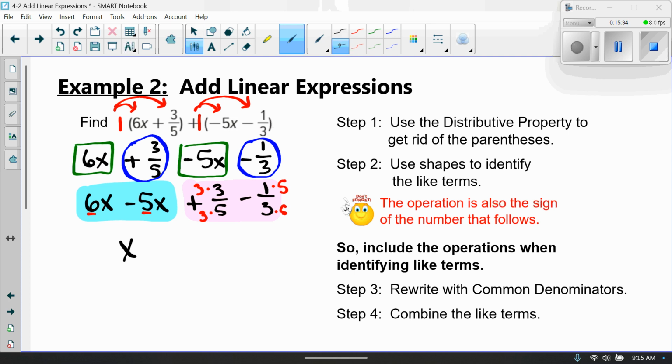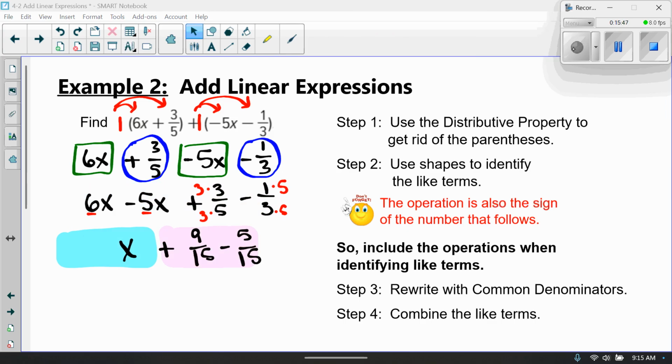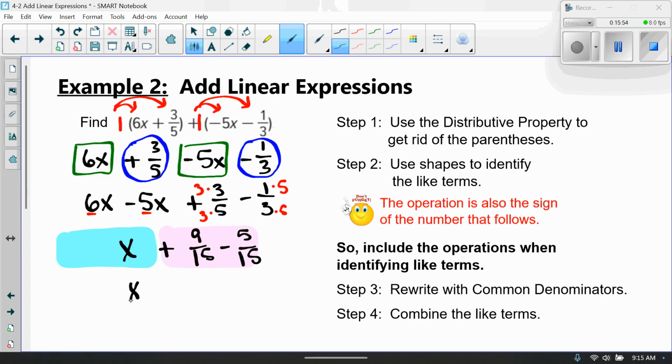So that's going to be x plus 9/15 minus 5/15. So now this is what we're dealing with. The x is already simplified, so we just bring that down. So we've got x here, and then 9/15 minus 5/15 is 4/15. So this is going to be x plus 4/15. And that is your final answer.